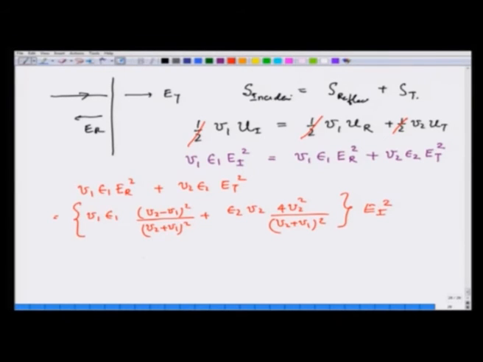Now, I know that V is equal to 1 over square root of epsilon mu 0. Keep in mind that mu is the same, and therefore, V square epsilon is 1 over mu 0 for both the media.